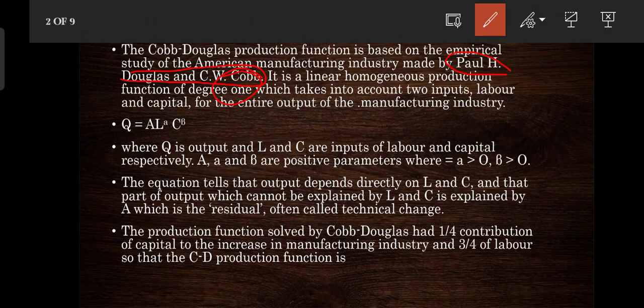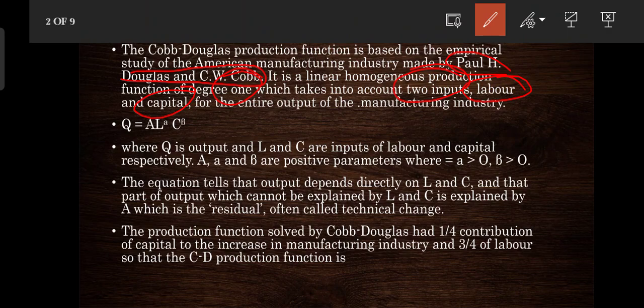Then, this Cobb Douglas production function takes into account mainly two inputs. We know that for production there are many inputs like raw materials, labor, technology, capital, etc. Among these, in the Cobb Douglas production function we are taking mainly two inputs, that is labor and capital, for the entire output of the manufacturing industry.